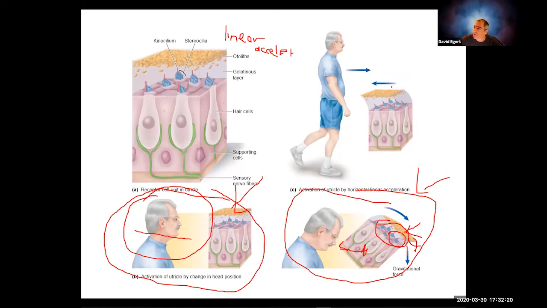But linear acceleration, if he's speeding up here, not if he's at a constant velocity, but if he's actually accelerating forward, that's also going to cause this bending of the hair cells.